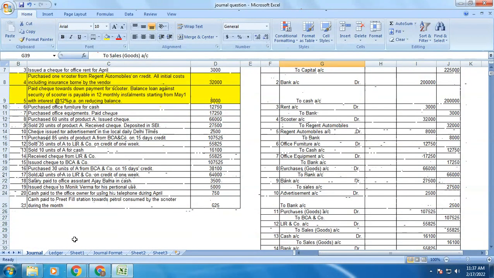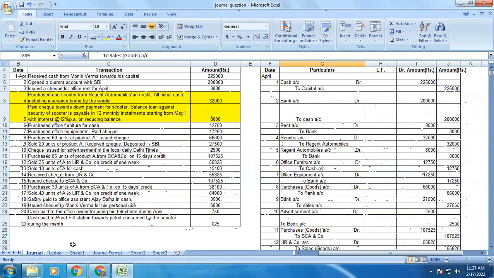Okay, first of all, let us find out how many units of product did we purchase and at what price. So सारी purchases entries हम वापस देखेंगे to find out how many units we purchased and at what price. So purchased and sold, दोनों चीजों को record करेंगे in that sense. Now if you look at the 8th date transaction, purchased 60 units of product A for 66,000 rupees.